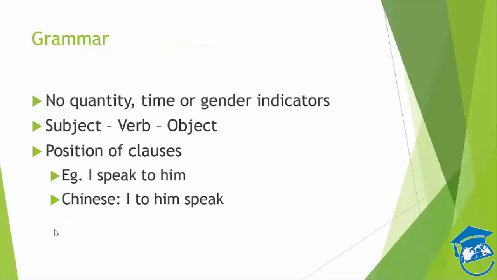Here I will just give you a brief introduction of grammar without going too far. First of all, unlike English and other European languages, the nouns in Chinese do not indicate the quantity by themselves. Meaning, whether the noun is singular, plural, or uncountable, we use the same word.